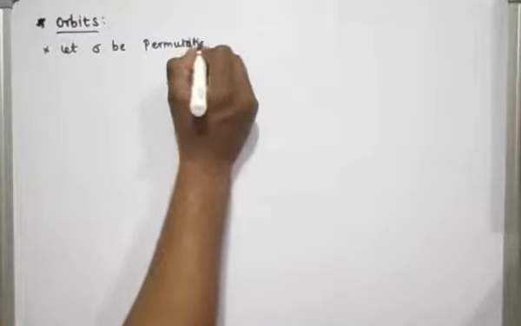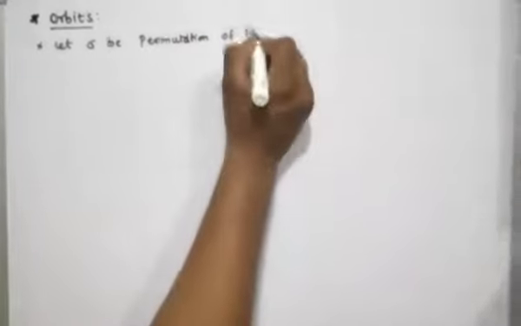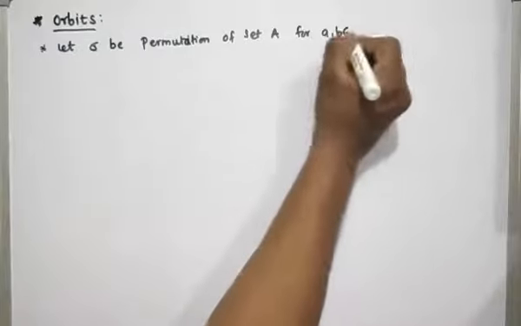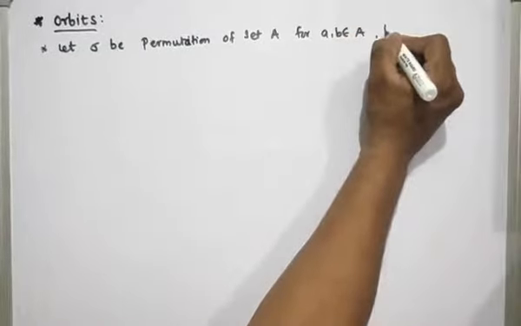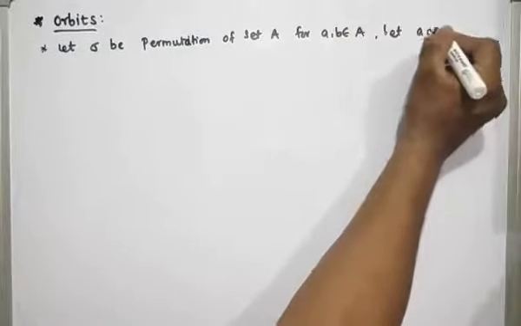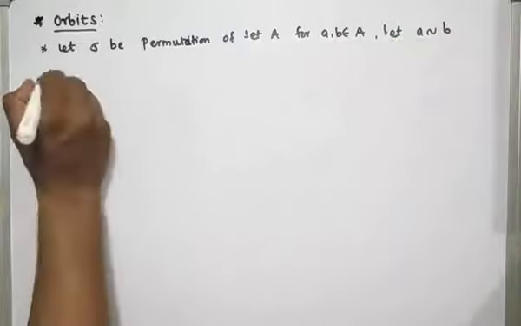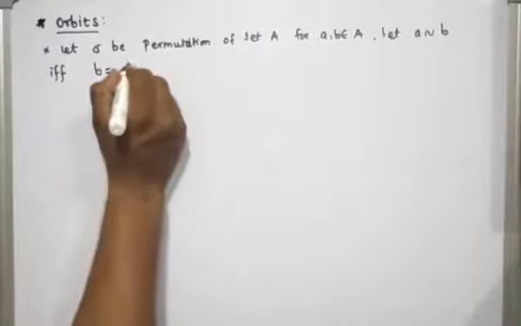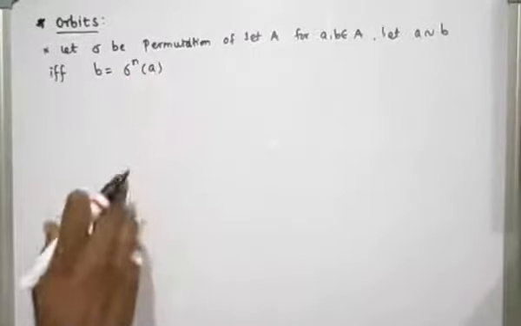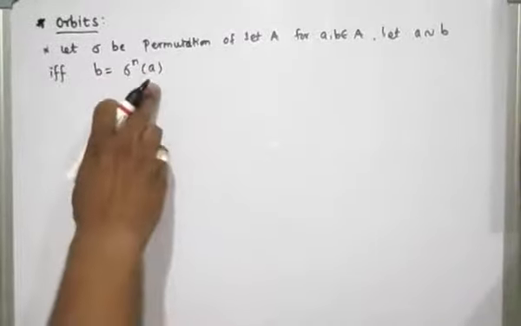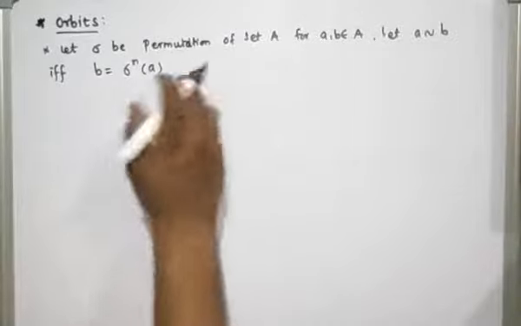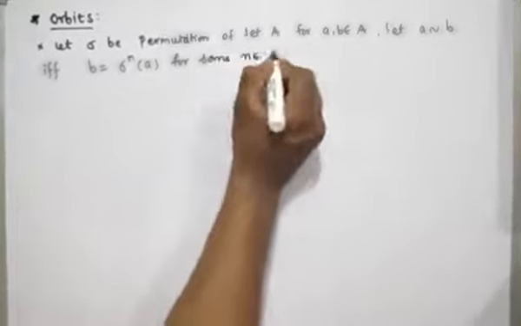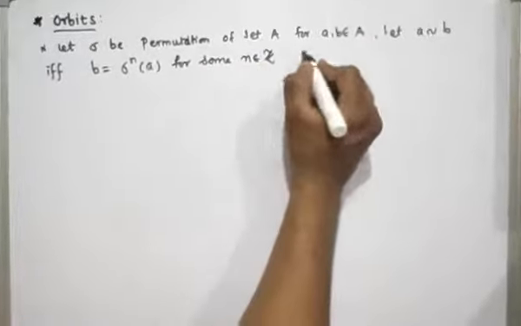Permutation of set A. For a, b belonging to set A, let a be equivalent to b if and only if b is equal to sigma raised to n of a, for some n belonging to the set of integers.